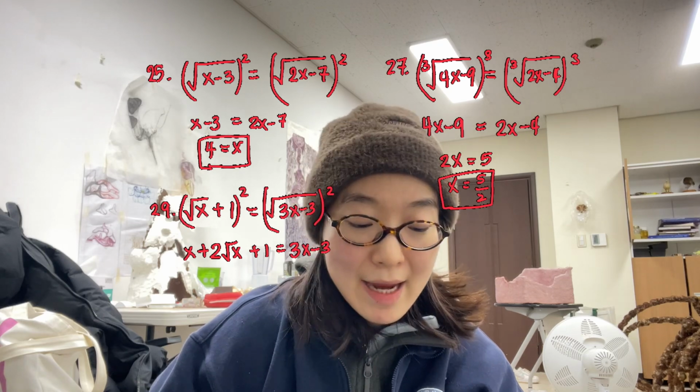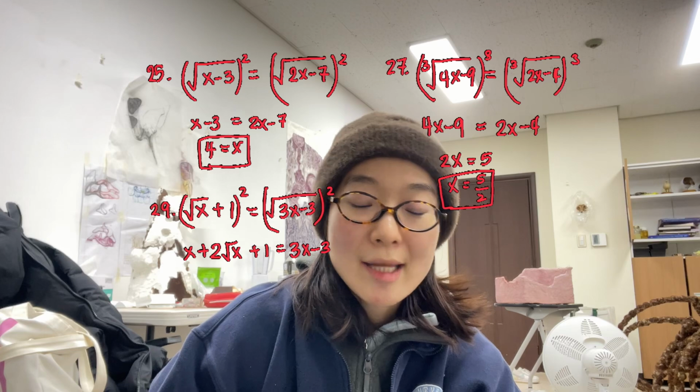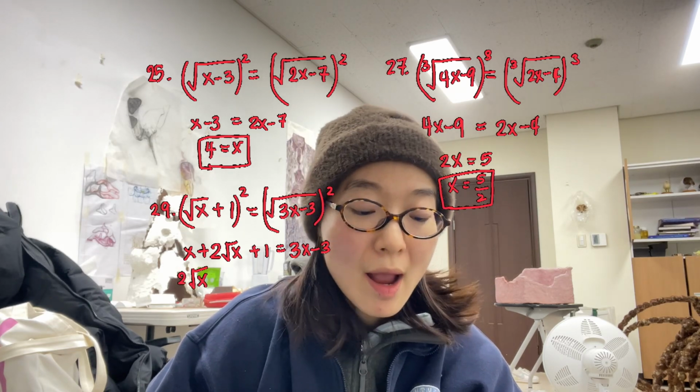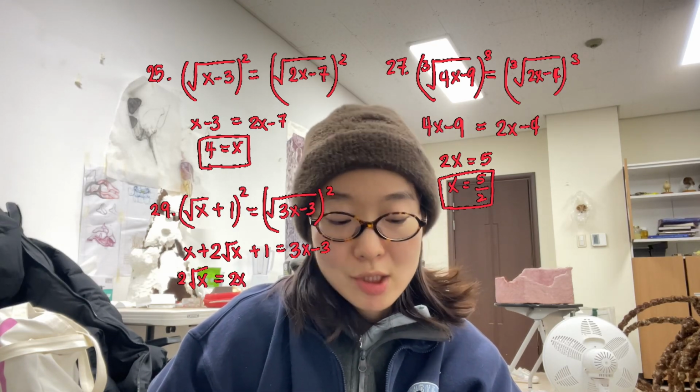And we can go ahead, combine like terms, and we get 2 times square root of x equals 2x minus 4, which then gives us x squared equals x minus 2.